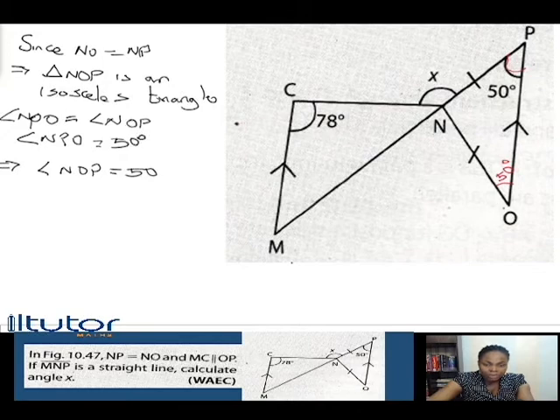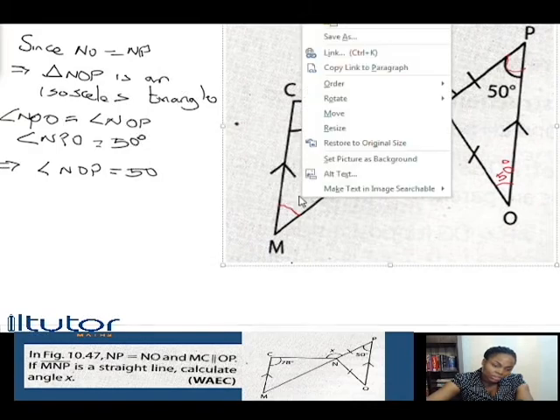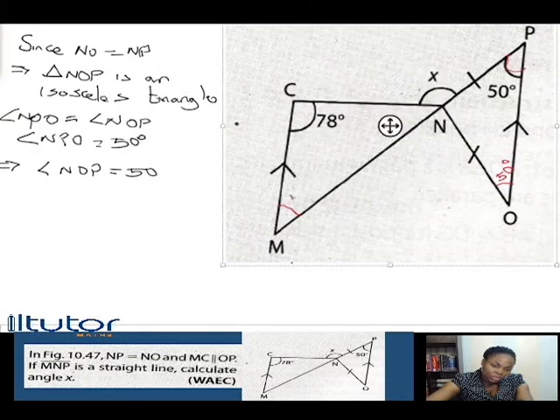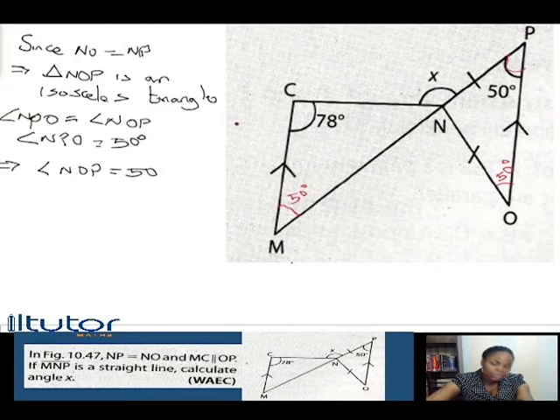So this transversal line cuts across the two parallel lines, which means this angle NPO, which is 50 degrees, is alternate to this angle here. Since this is 50 degrees, this as well is 50 degrees.